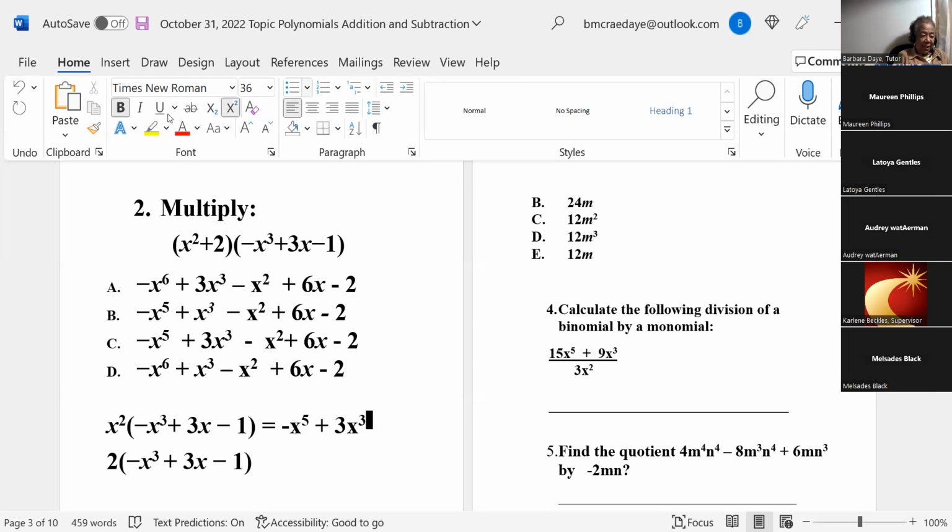Now, what's x to the second times -1? X to the second? Yes, times a -1. Right here. X to the second times a -1. What is that equal to? X. Negative x.